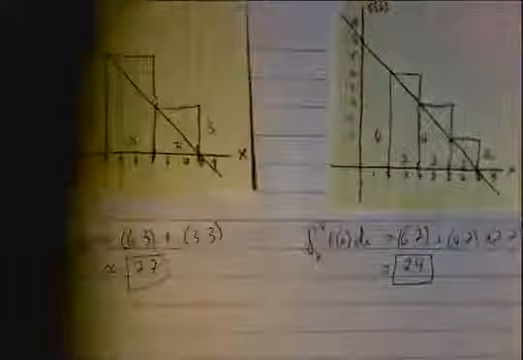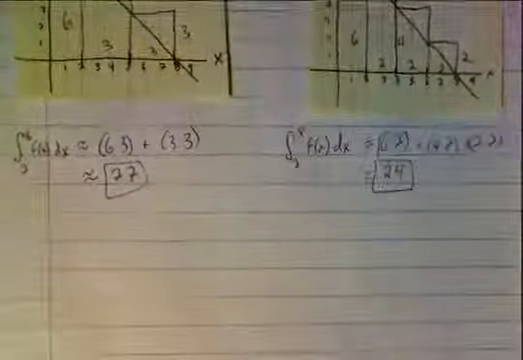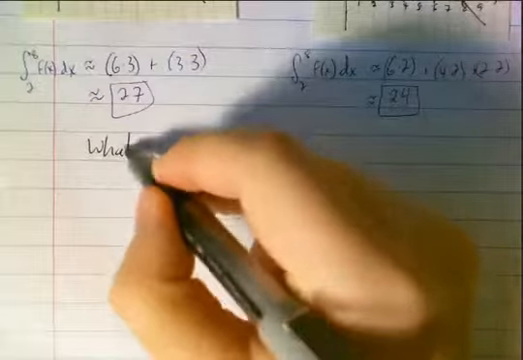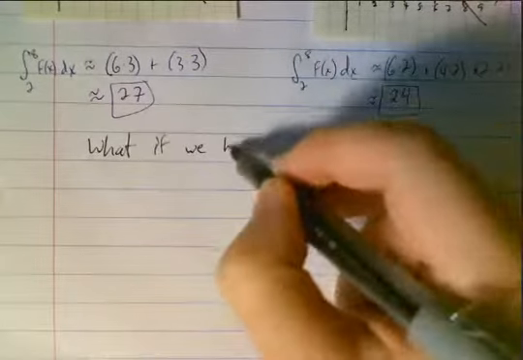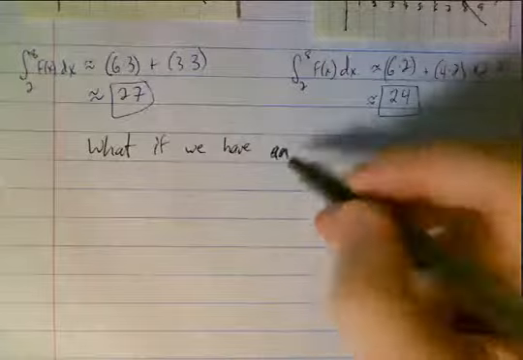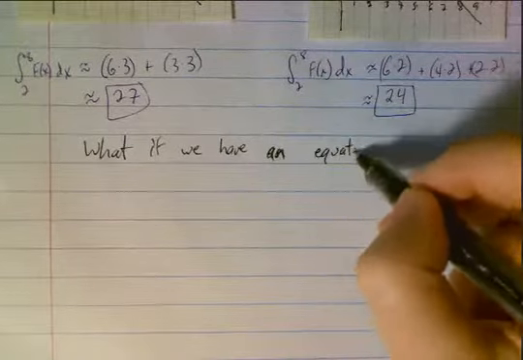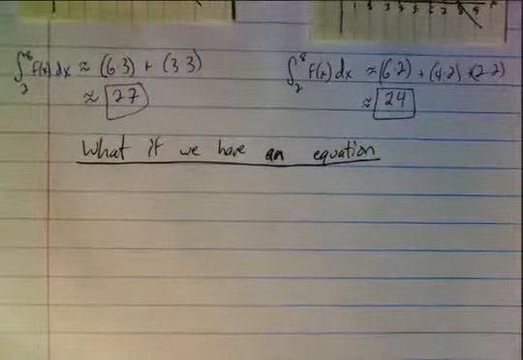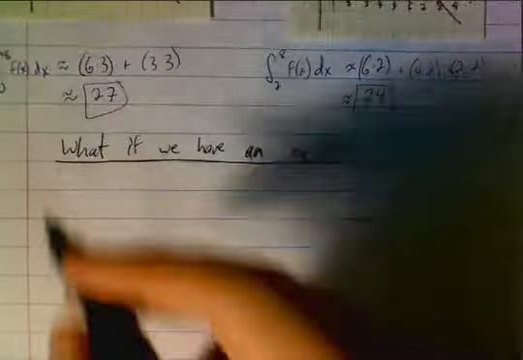There are a couple more tweaks we can see. One is, what if we have an equation instead of a graph? Basically, all that we have to do is turn this into a graph. So here's our problem.